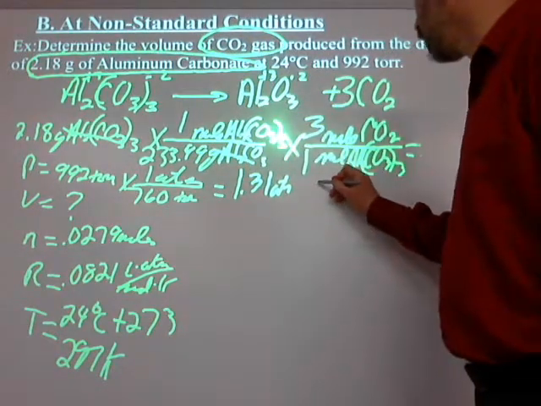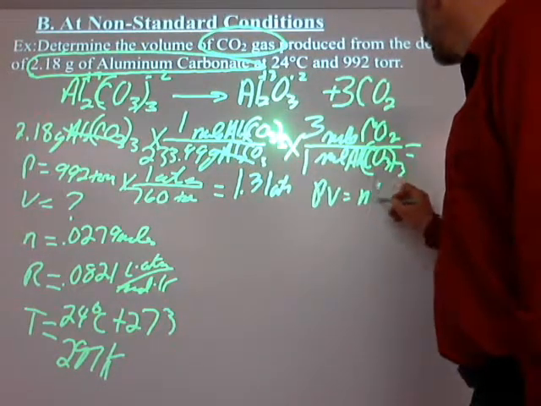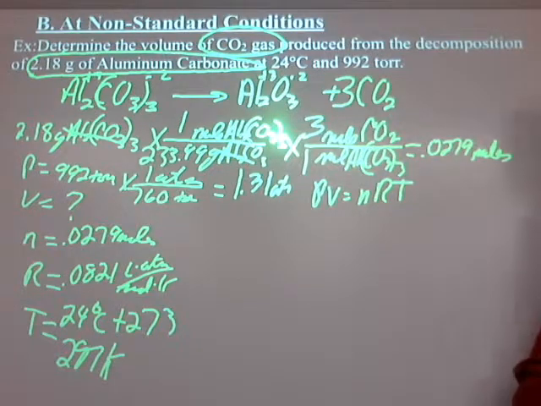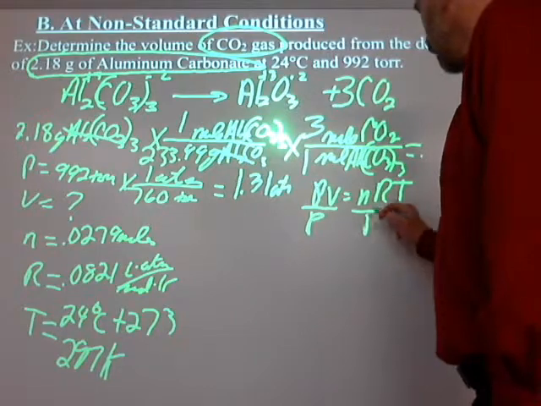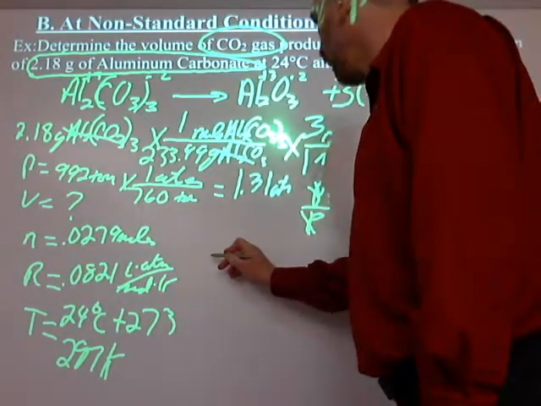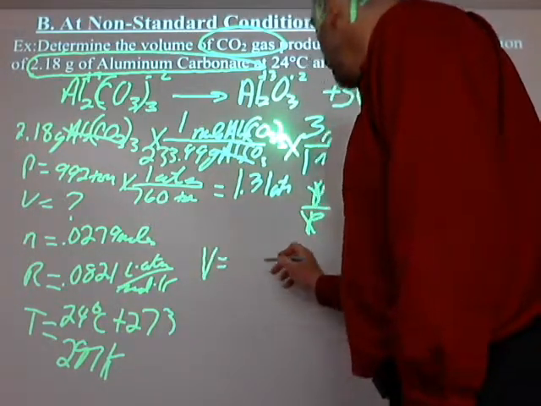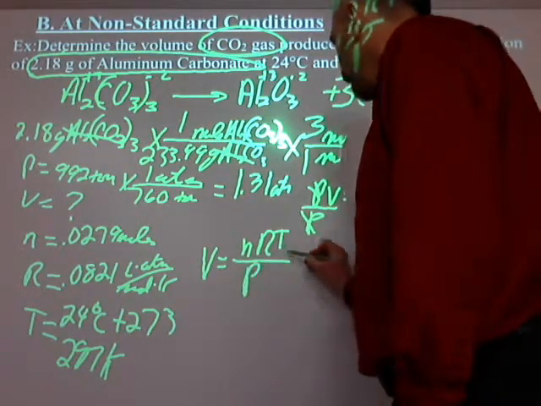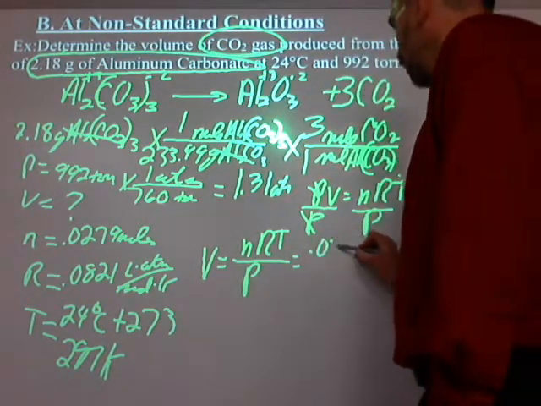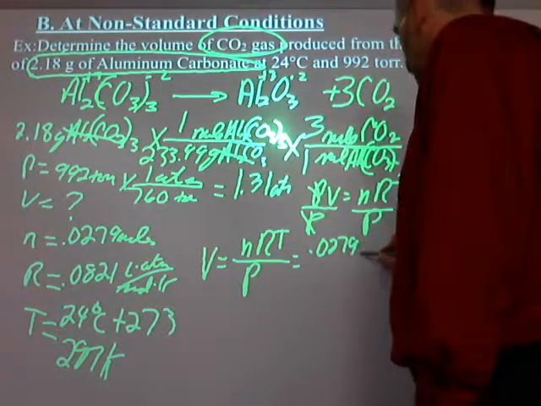I'm solving for V. My equation is PV equals nRT. What will I do to both sides? Divide by P. P cancels. I get V equals nRT over P, which would be 0.0279 moles.